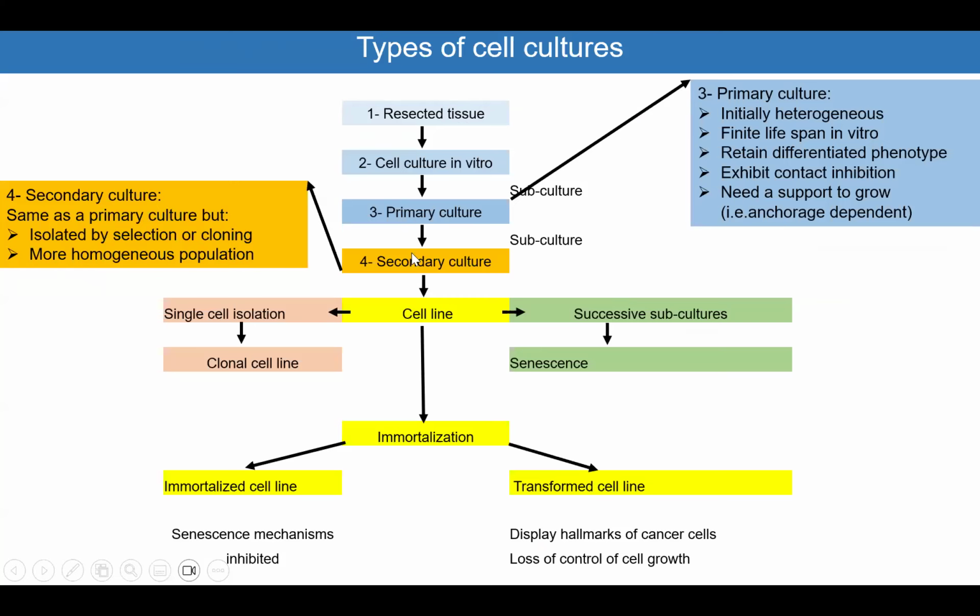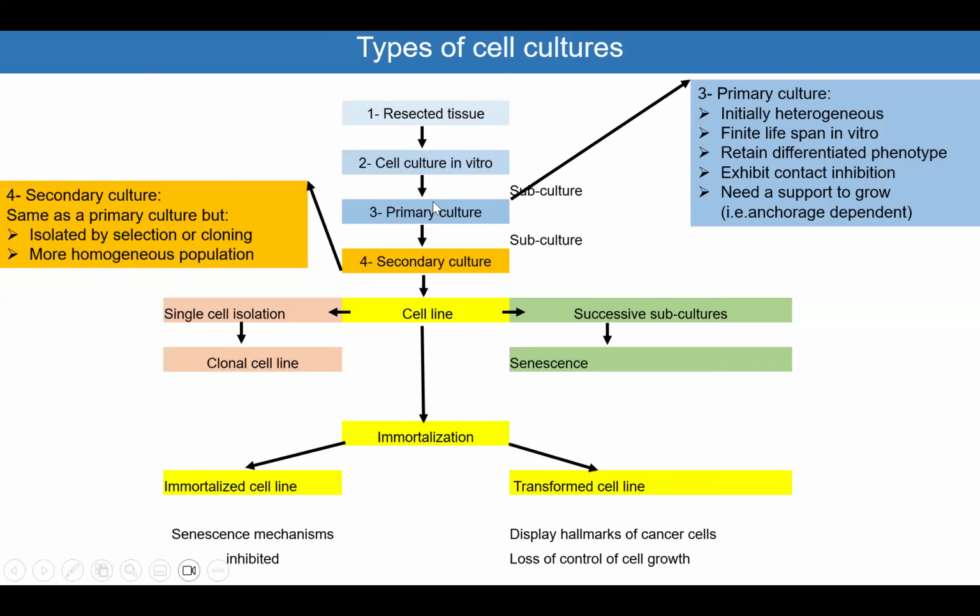When you subculture this, it will look mostly like the primary culture, but most probably you're going to lose some types of cells, like those isolated by selection or cloning, and it's a more homogeneous population.